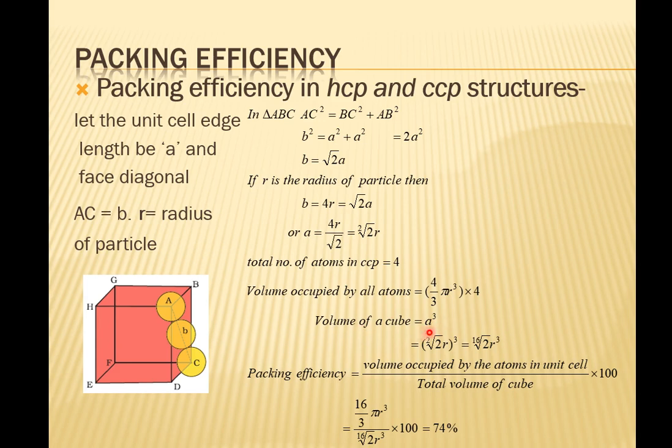Now putting the value of a from here, the volume of cube comes to be 16 root 2 into r cube. The formula of packing efficiency is volume occupied by atoms in the unit cell upon total volume of the cube into 100. This value comes to be 74%.